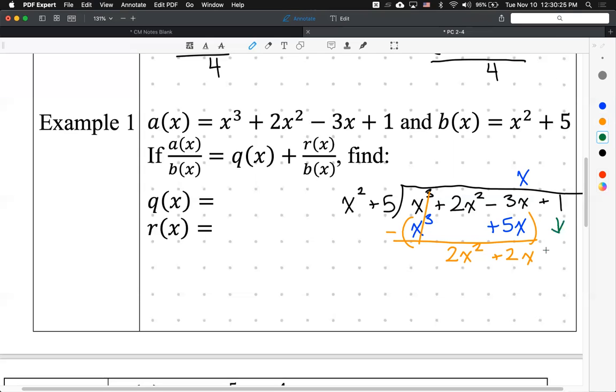Bring down the 1, so that's plus 1. Perfect. And then I'm trying to match up this 2x squared term so I can subtract it and get rid of it. How do I get a 2x squared term right here? What do I multiply x squared by to get 2x squared? Sam? 2. Nice. So I'm going to say a positive 2.